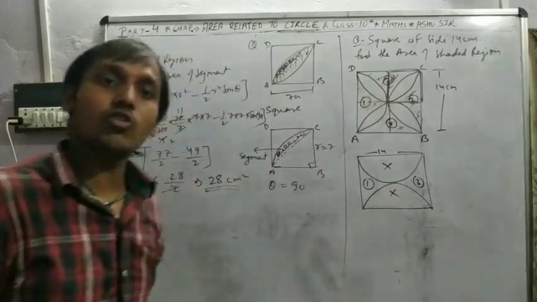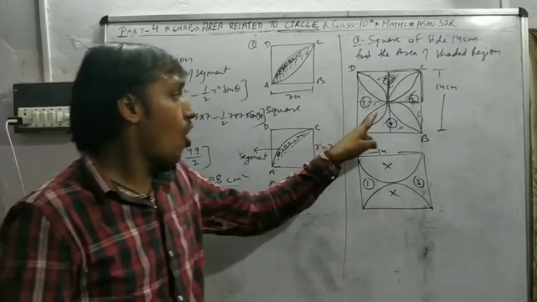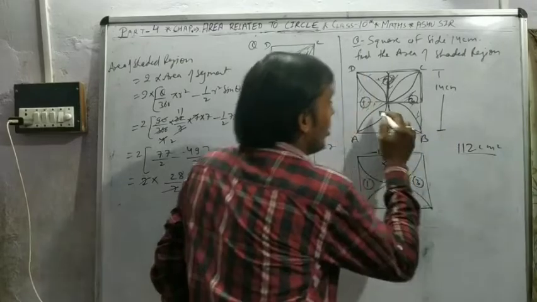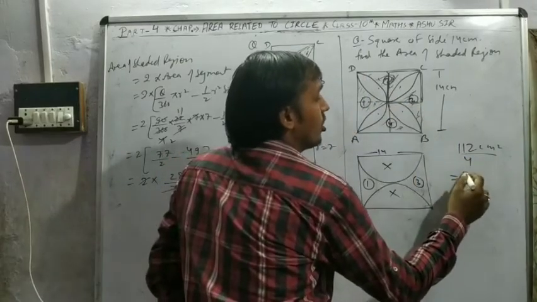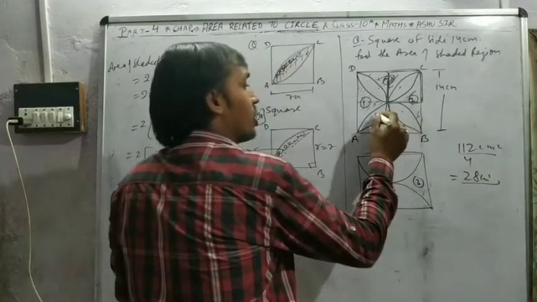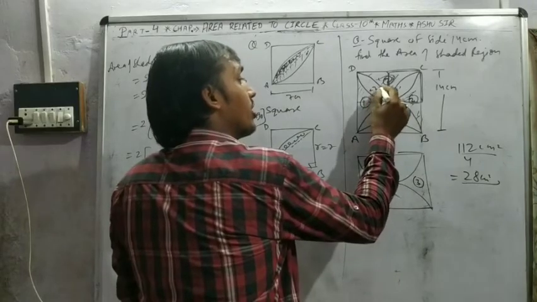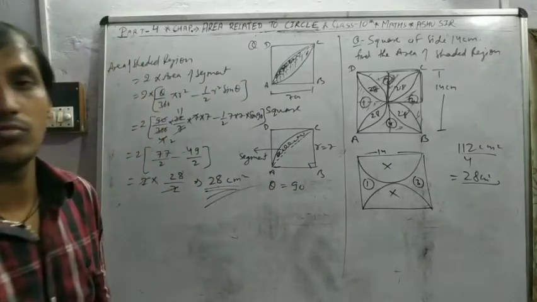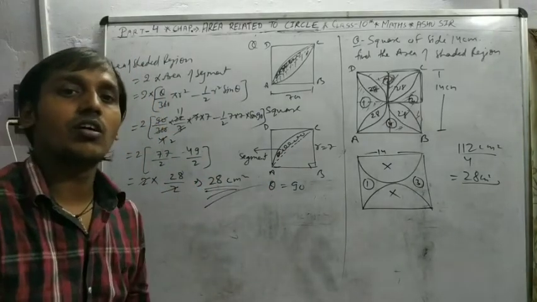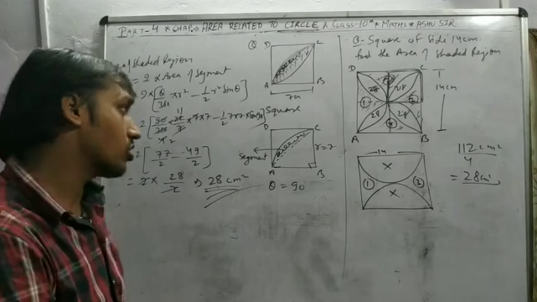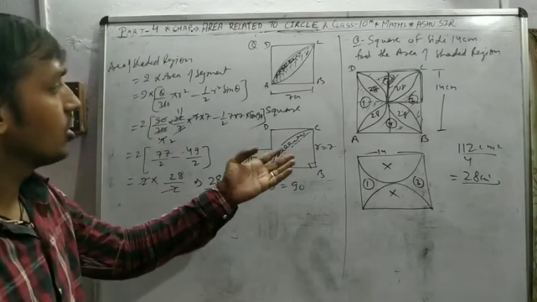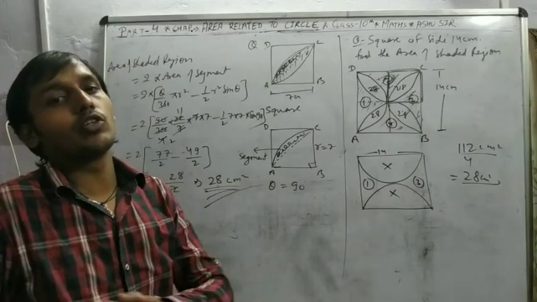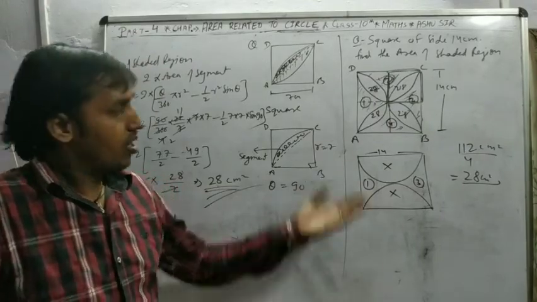In the previous question you found the area of all 4 leaves, 112 centimeter square. Here 4 leaves, divided by 4, you get 28 centimeter square is the area of 1 leaf. 28, 28, 28, 28, same here. What do you observe? You have two concepts to find the area of leaves or the shaded region. Keep this in mind in the examination, what type you have to use to solve the question. Pause the video, note down.